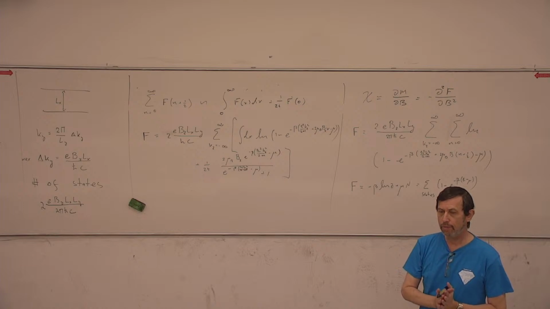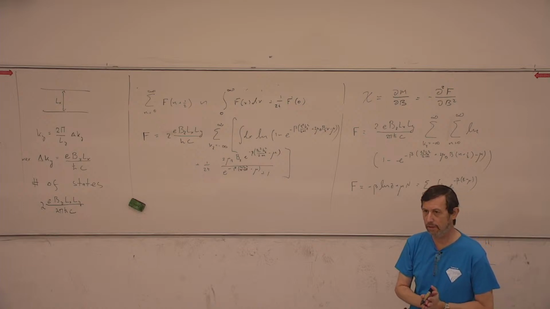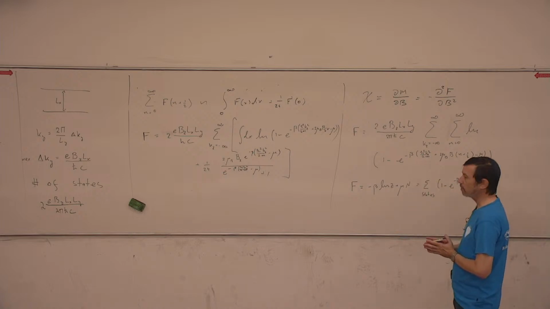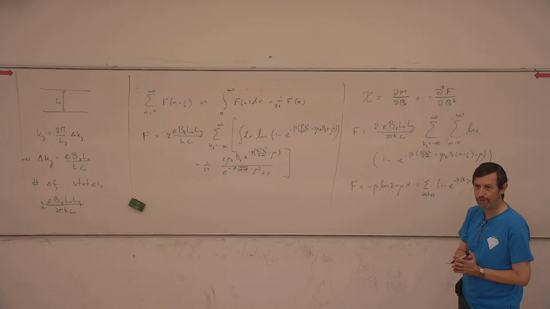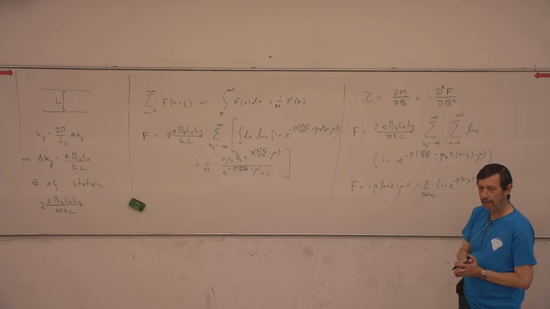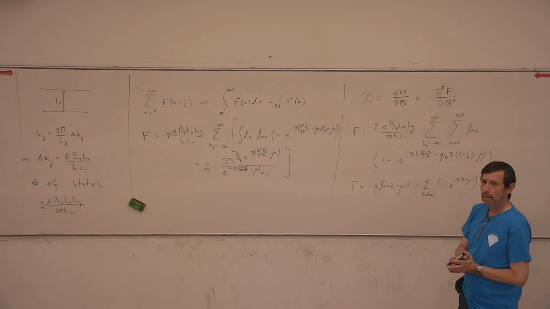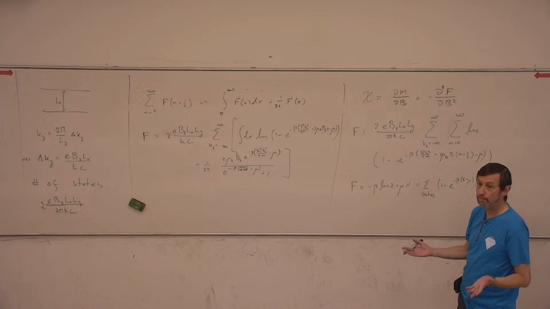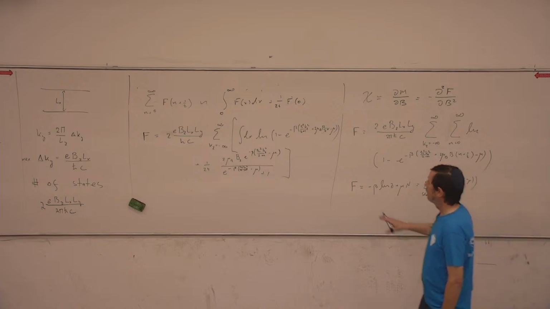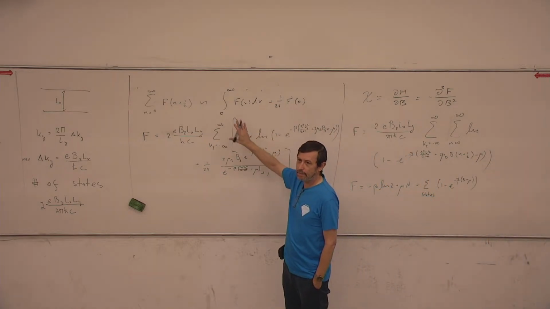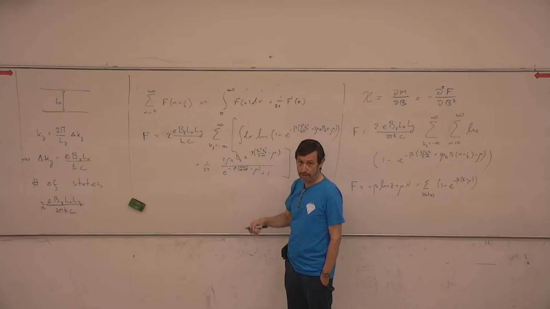Here I stop a moment and tell myself, look, what did I want actually to find out at the end of the day? Chi, or whatever. What is the most important thing in finding chi? Dependence on B, because I have to. Let me get B out of the game inside the integral. I'll get there a number.